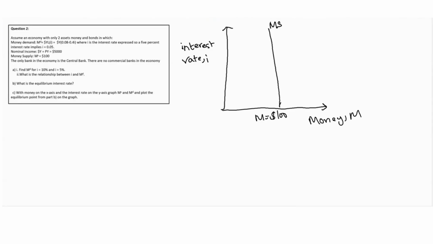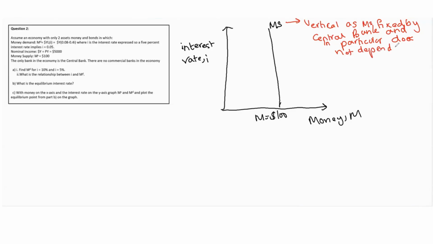So this is vertical as MS is fixed by the central bank, and in particular doesn't depend upon the interest rate. It does not depend on i. In this case, MS is fixed at M equal to $100. That's why we have drawn it as a vertical line at the level of money supply fixed by the central bank.